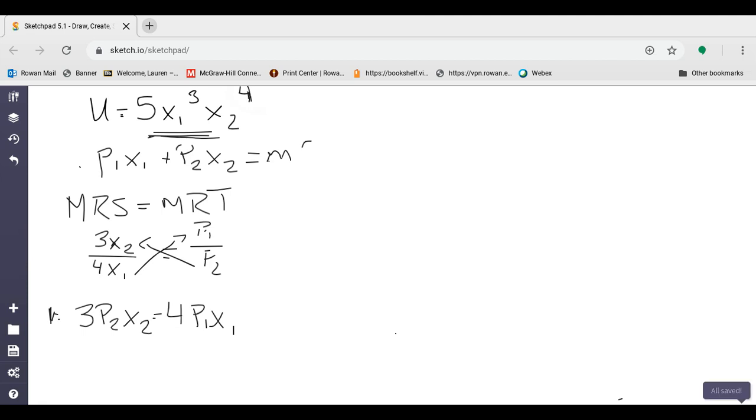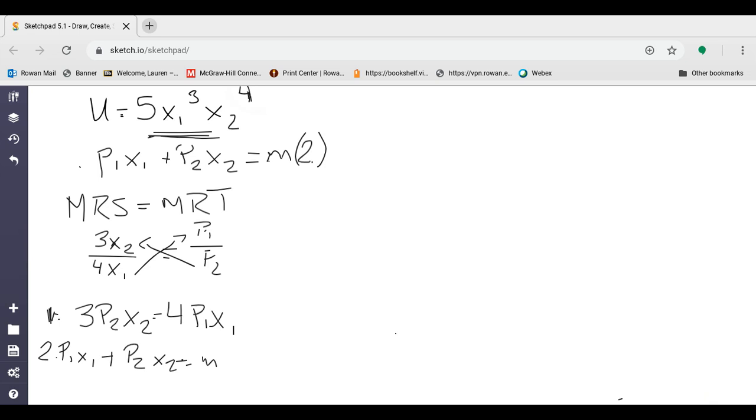And I'm going to use the budget for the second equation. We have an equation here, number 1, where it has 2 unknowns in it. We need to use a second equation of some sort to be able to find what x1 and x2 actually are. So the second equation is p1x1 plus p2x2 equals m.